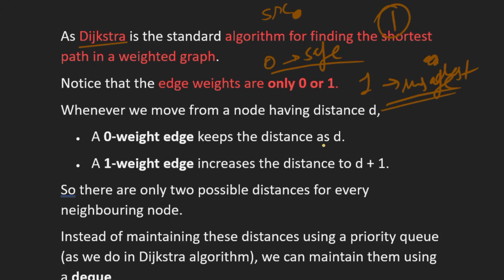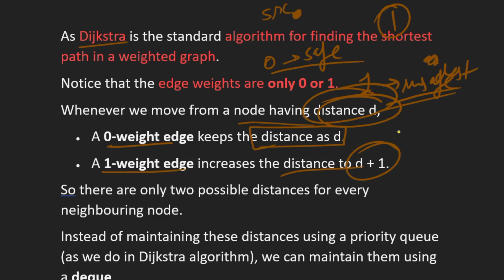But as we know, when we move from a node having distance d, and if the edge weight is 0, then the distance will remain the same, that is d only. And if the edge weight is 1, then our distance will be d plus 1. We can think of distance as damage also.